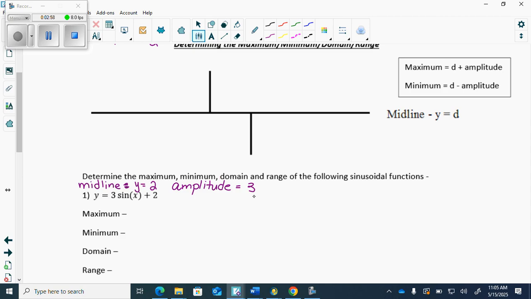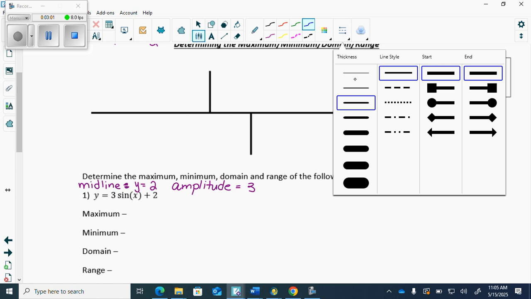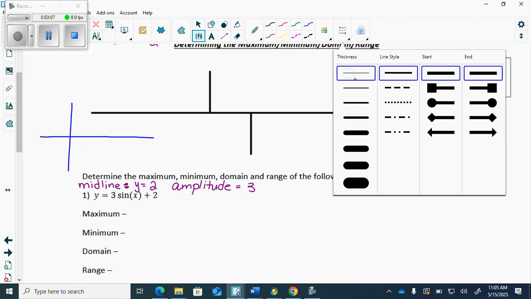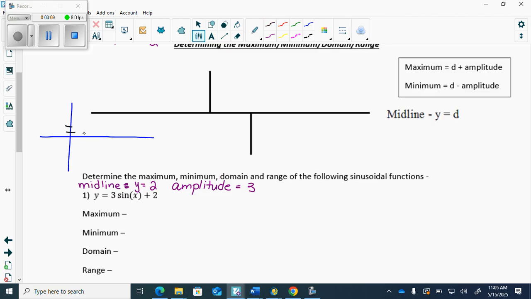Where do we start at? We start at y equals 2, yes? Okay.